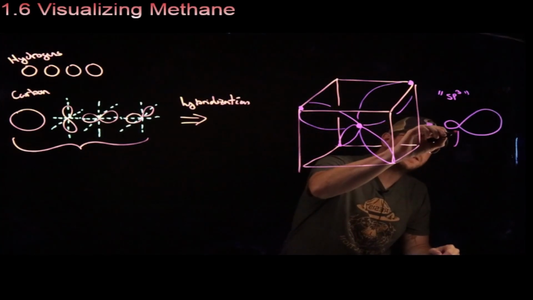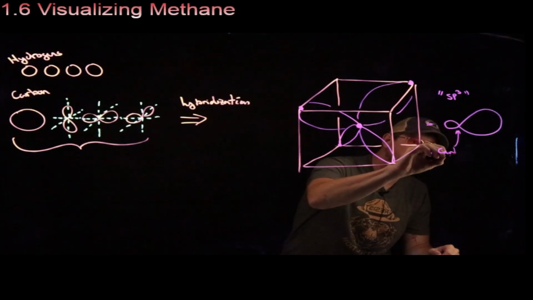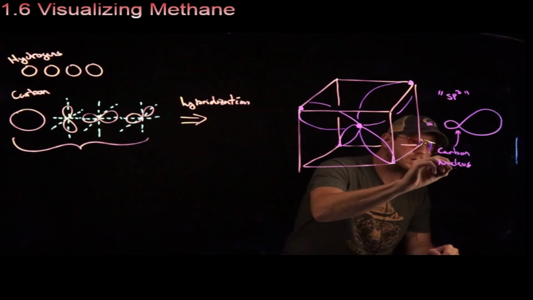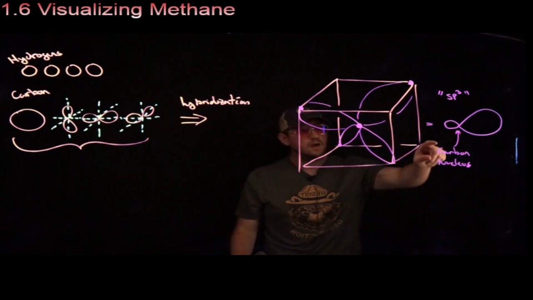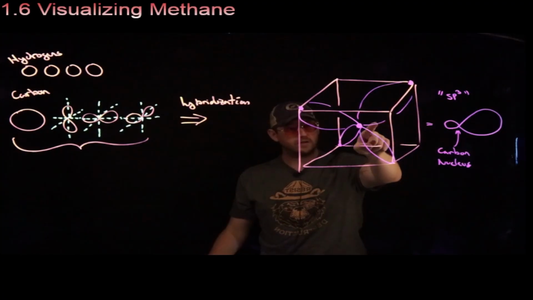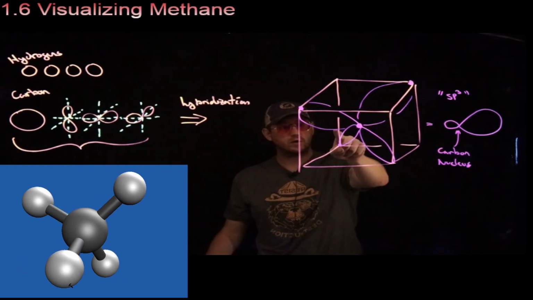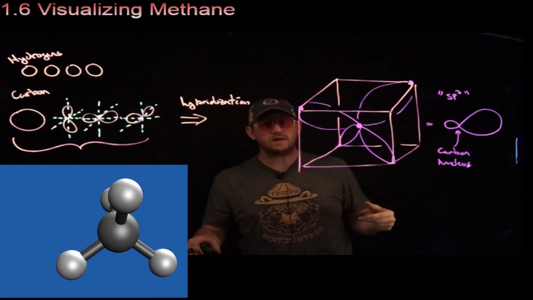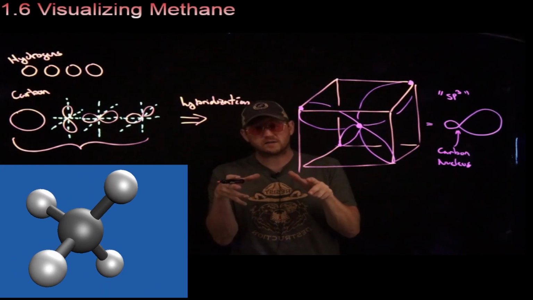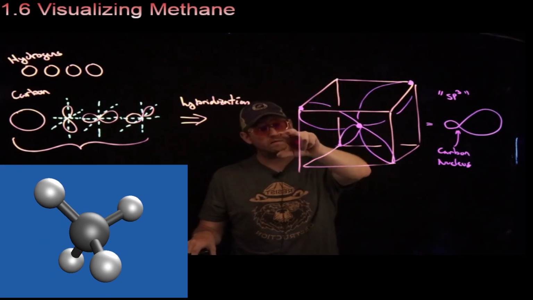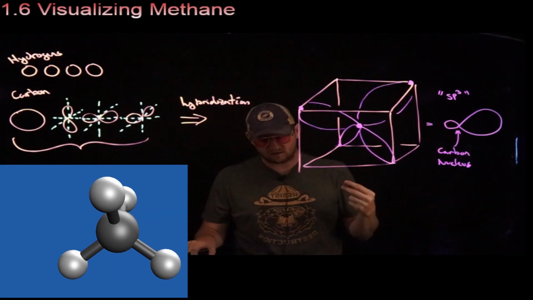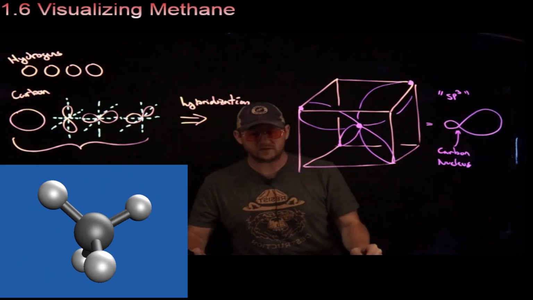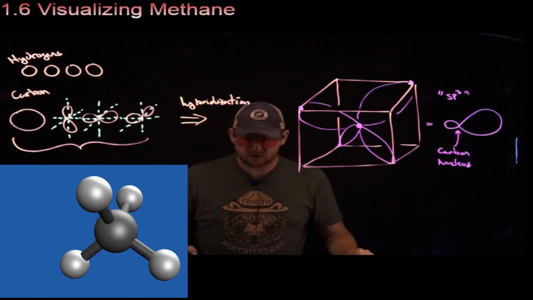Right here in the center is the carbon nucleus. And so there's one going to this side, one going to this side, one going to this side, and one going to this side. And as a result, this would be, say, the smallest box we would need to fully encapsulate this structure.